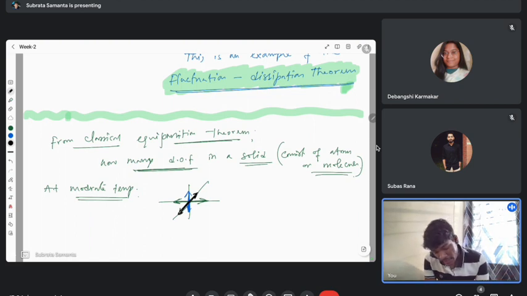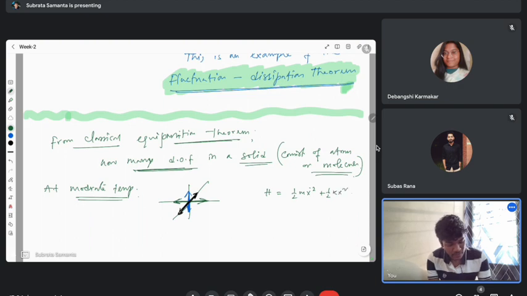Each vibrational mode gives how many degrees of freedom? Each vibrational mode has 2 degrees of freedom. As we discussed in the first class, if we write the energy or Hamiltonian, there is half m x dot square plus half k x square.